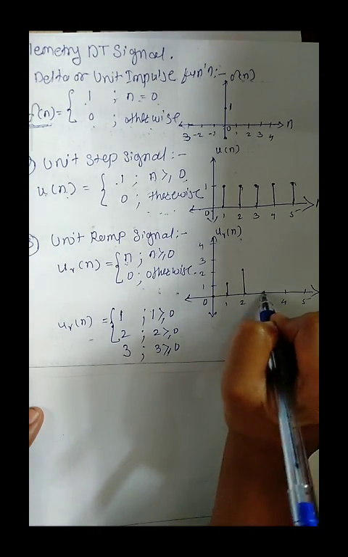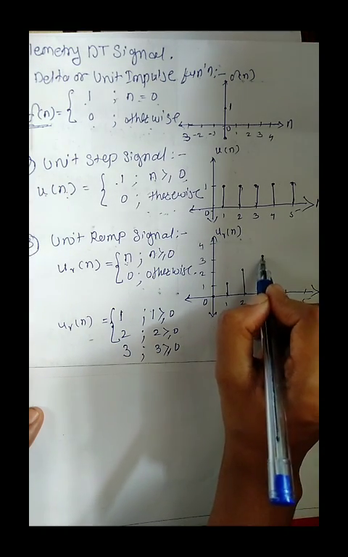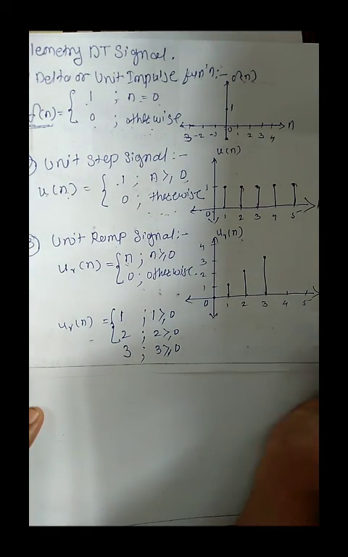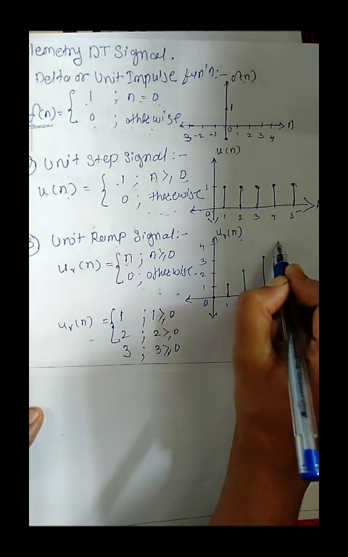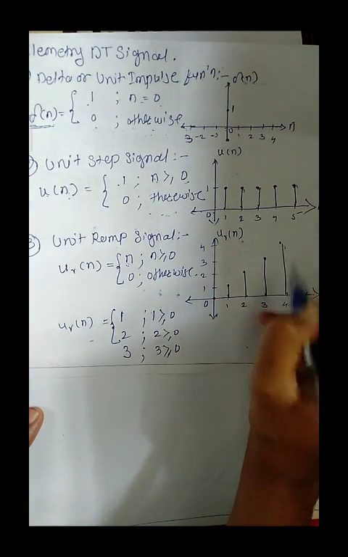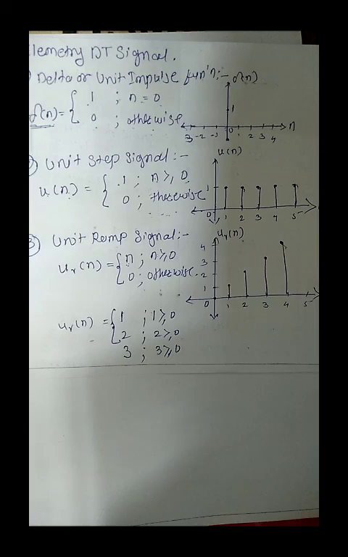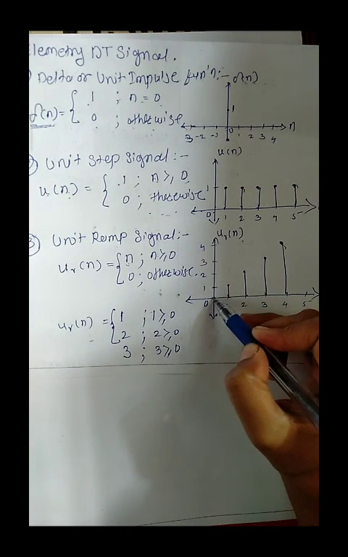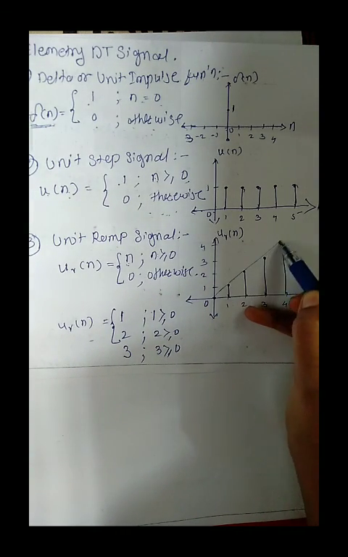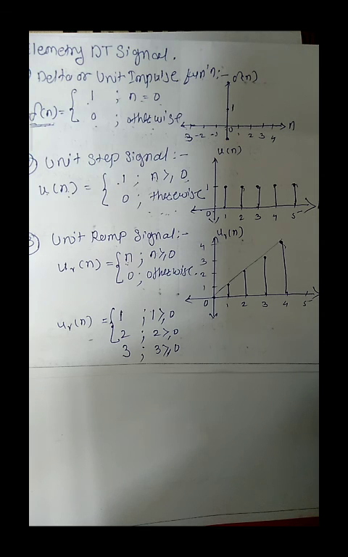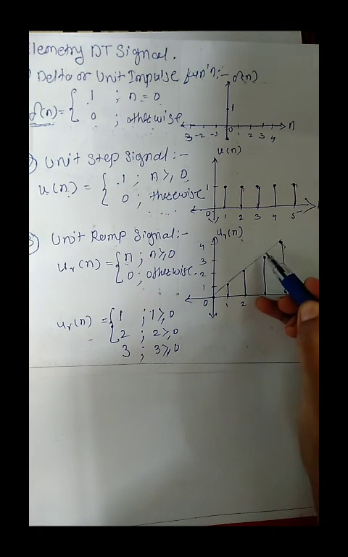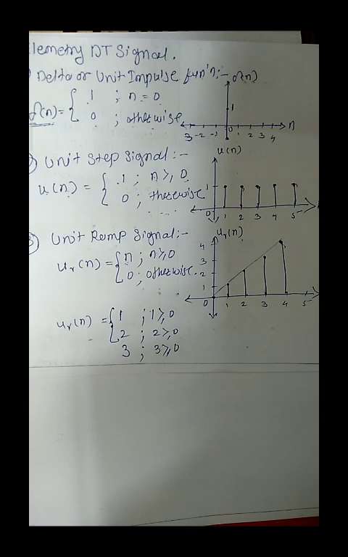Therefore n is 3, u r of n is also 3. Same for 4 and so on. That is, the signal is incremented over a particular range. Hence it is called the unit ramp function.